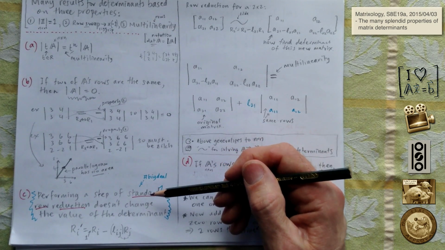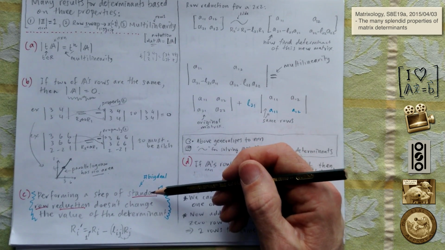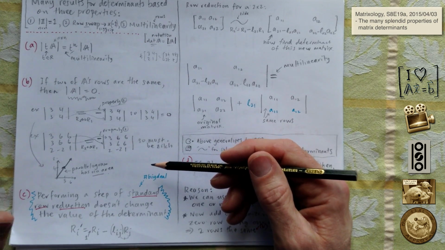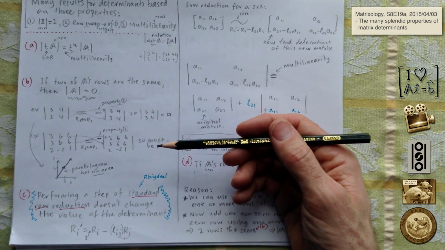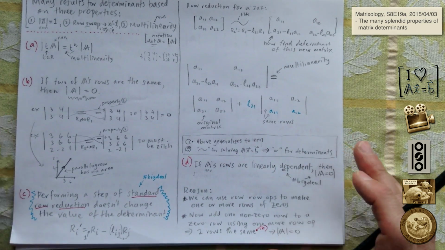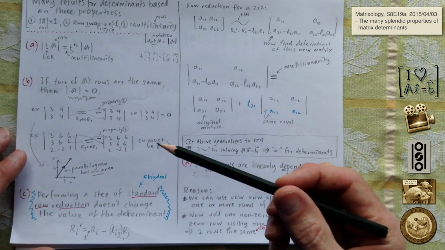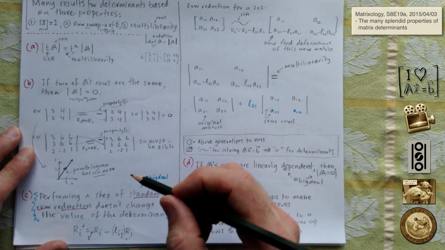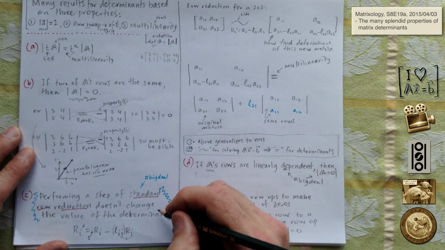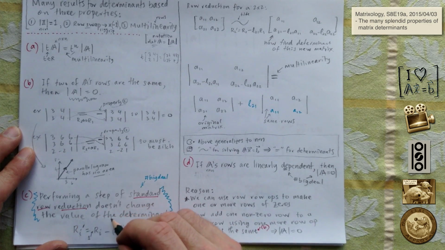So if we do one step, here's a great thing that we've done, right? So many things in the course have been built from the start, so that we're happy now. We don't have to say, oh, all the methods we used before are wrong. We're going to use standard row operations and show that this does not change the value of the determinant.